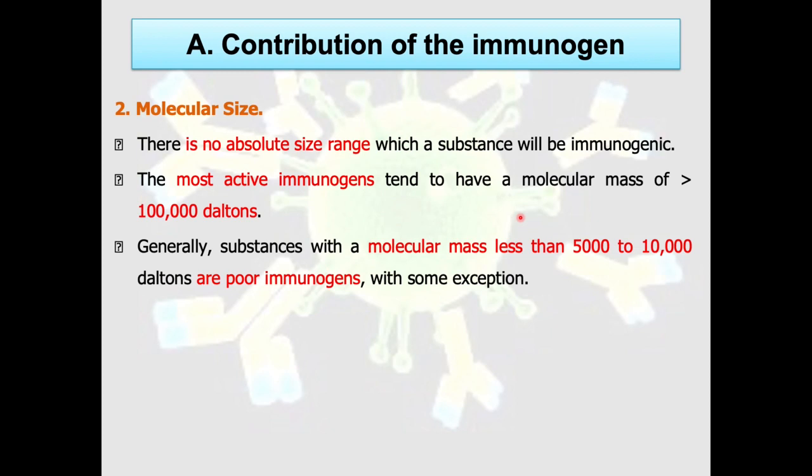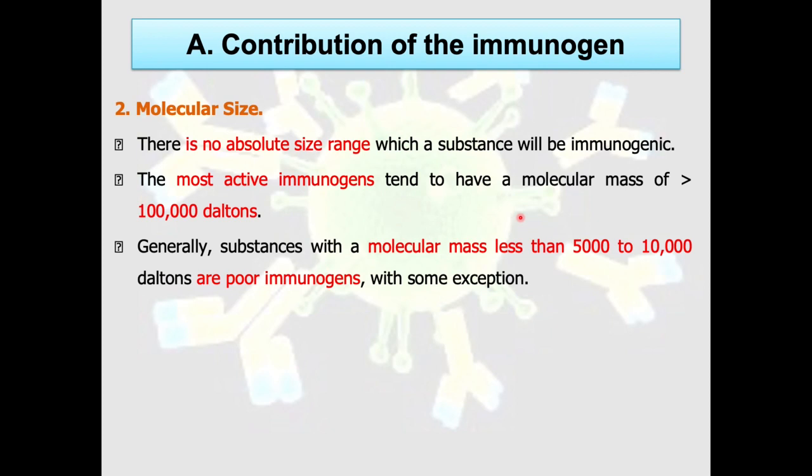But most active immunogens tend to have a molecular mass of 100,000 Dalton, in other words, 100 kilodaltons. So most foreign substances of 100 kilodaltons and above, we can consider as active immunogens.